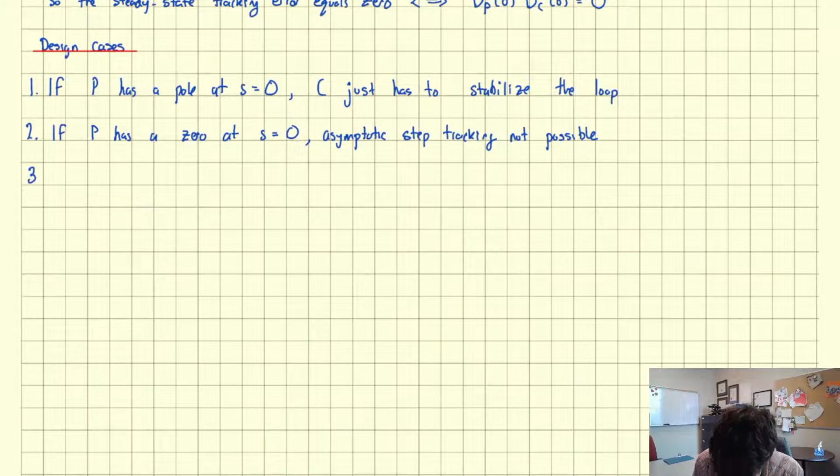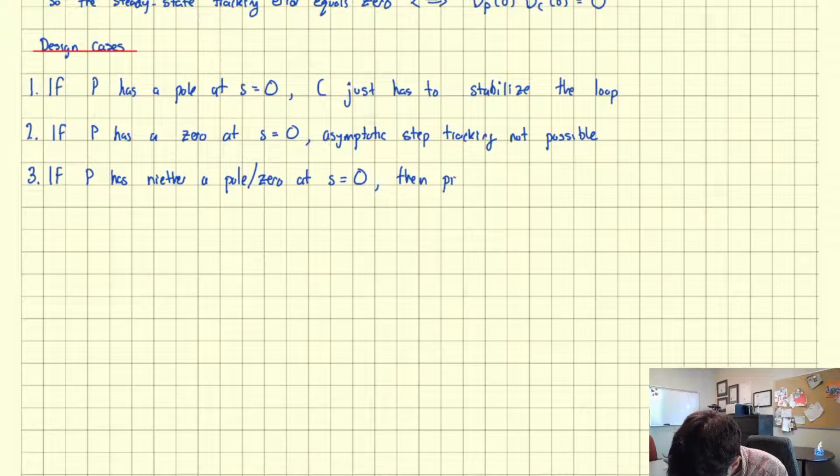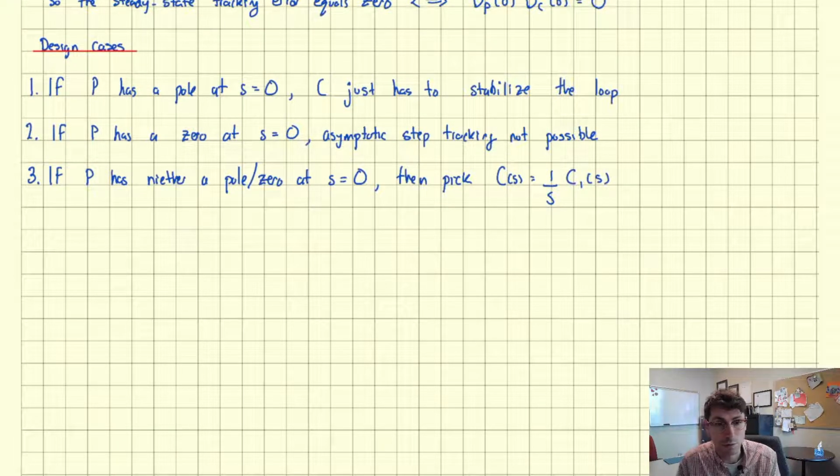Case 3: if the plant has neither a pole nor a 0 at s equal to 0, then the controller has to provide the integral action. So what do you do? You pick a controller of the following form. You add the integral, the pole at the origin, and then you have this other part that needs to be designed or chosen, C1.